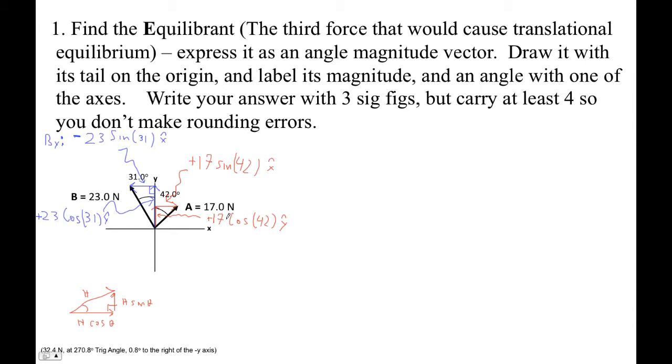So now all I have to do is set up an equilibrium equation, or two equilibrium equations. So in the x direction, we've got negative 23 sine 31 plus 17 sine 42.